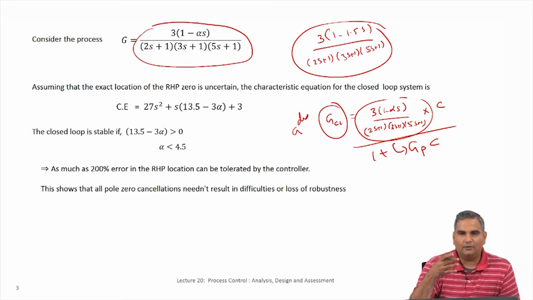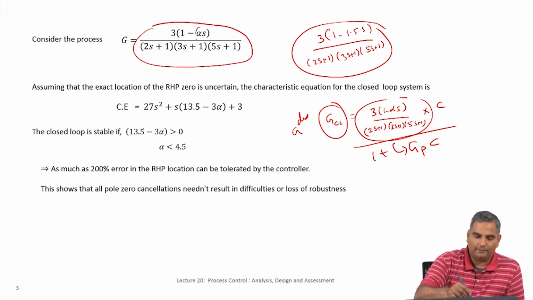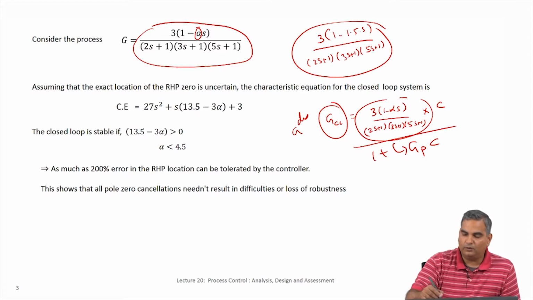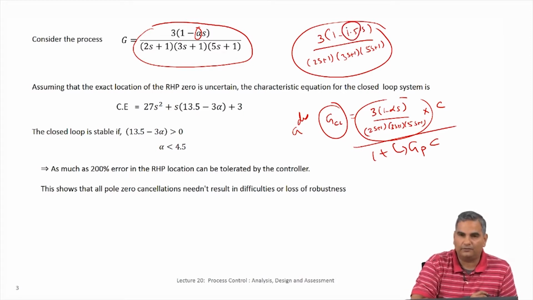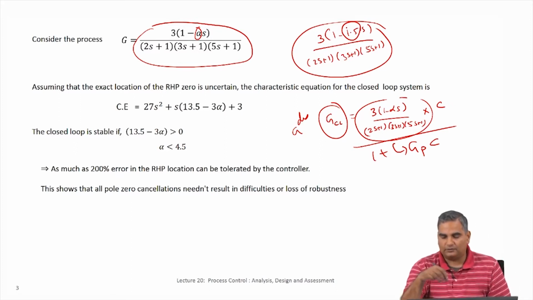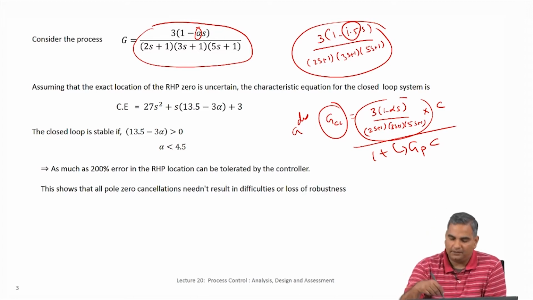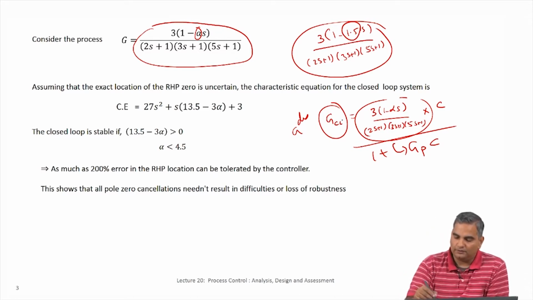Okay. So, basically what we are seeing here is what is the amount of uncertainty that I can tolerate in this alpha, how different can it be from this 1.5 while I still maintain stability is the question that I am going to ask. Of course, we have already said that because this G closed loop uses this G_P, it is not going to be equal to G desired.